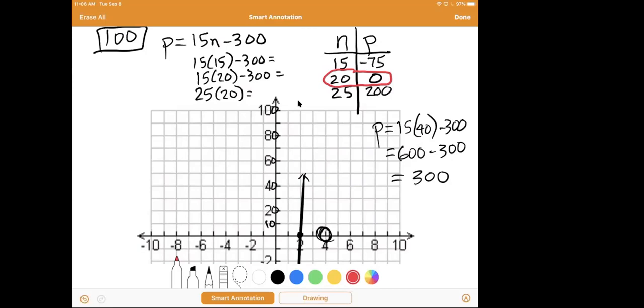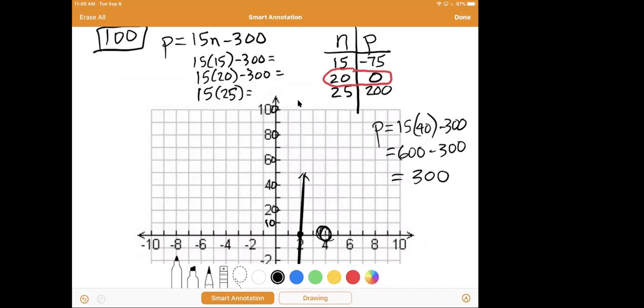Which makes a lot of sense as to why it didn't want to work out. Thank you very much. Hang on a second. I made a mistake right here. Yep, that's embarrassing. Thank you for calling me on that. 15 times 25 is 375, minus 300 is 75.